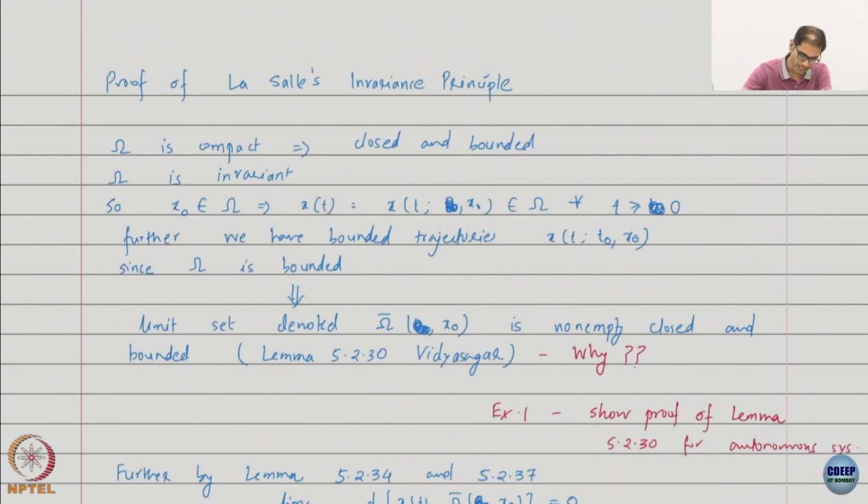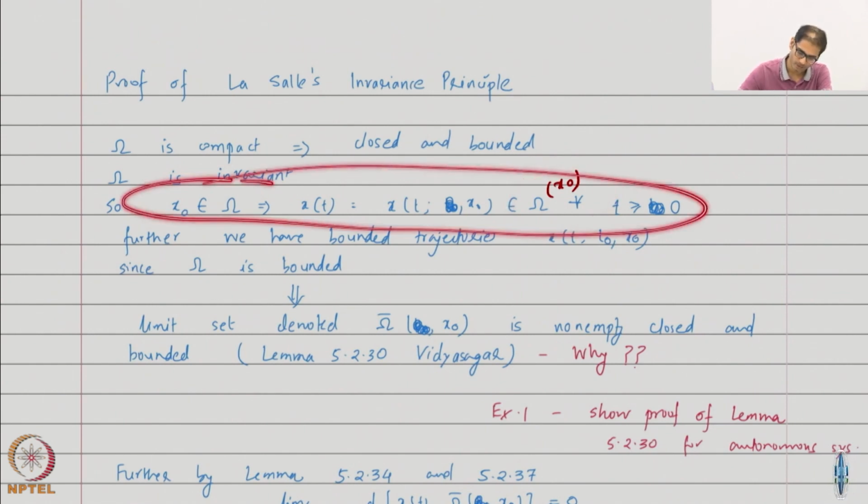In reality, whenever you write these sets, limit sets and limit points, they are defined as a function of the initial condition, okay, remember this. So this is omega of x0. This is just the definition of omega being invariant.